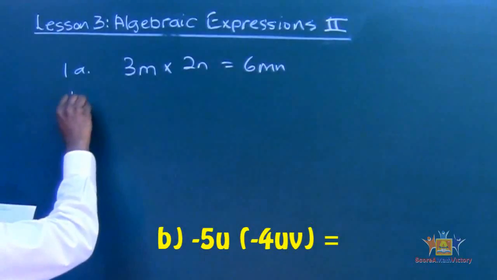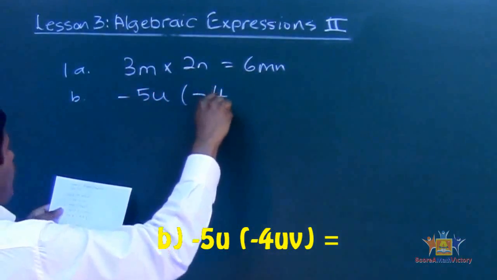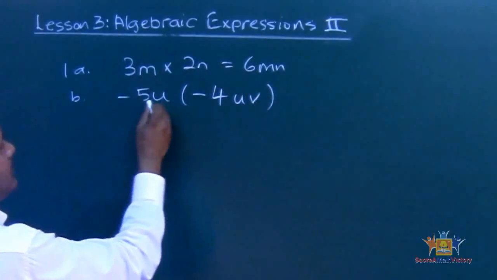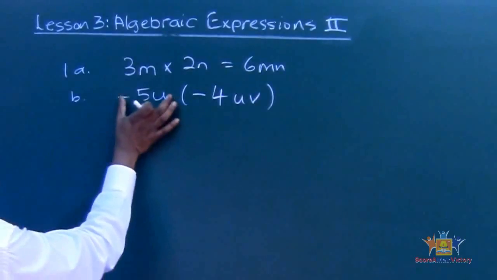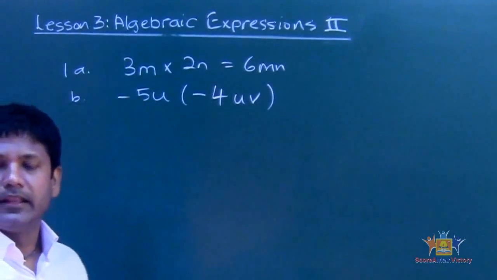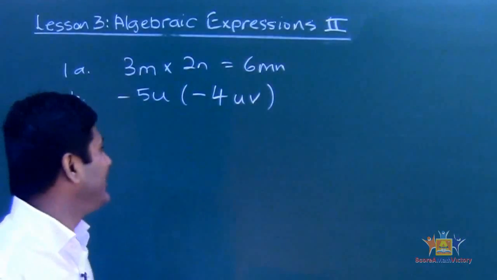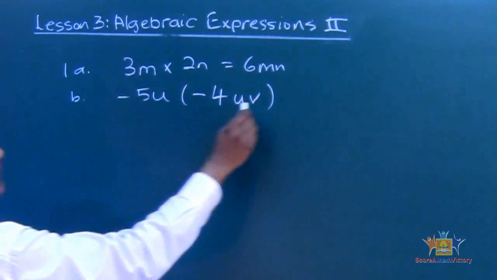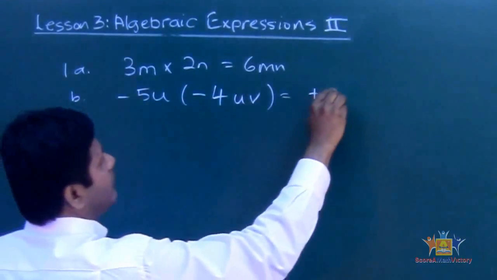Okay, let's do B. Now you've got negative 5u, and you multiply the negative 4uv. Now this means multiplying. There's another way of doing it, which is putting a bracket and putting the number right next to the bracket. That means they're multiplying. Negative and negative makes it positive. 5 times 4 is 20.